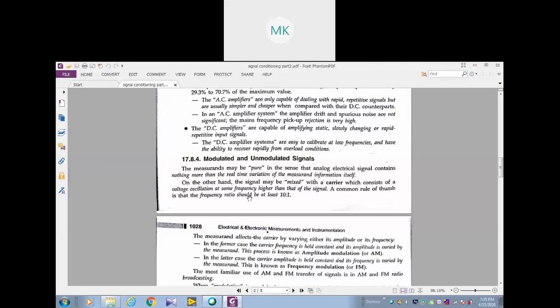Whenever we are talking about the mixing of a carrier, the frequency ratio must be 10:1. Now this 1 is the frequency of our signal, the 10 is the frequency of the carrier.